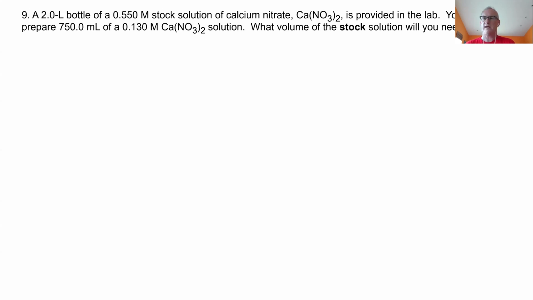Oh, okay. Really? That's just a dilution problem. So with a dilution problem, we're just taking a concentrated solution and we're just making it more dilute. We're just adding more water to it to reduce its concentration. And so the thing to remember when you do this sort of problem is that there's a certain number of moles in the concentrated solution, and that has to equal the number of moles in your dilute solution.